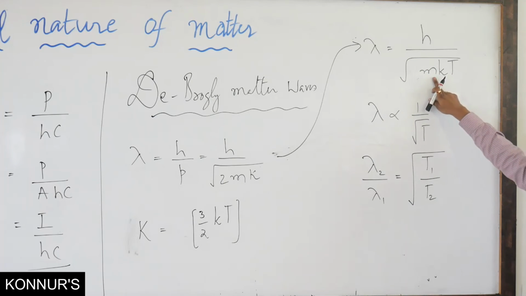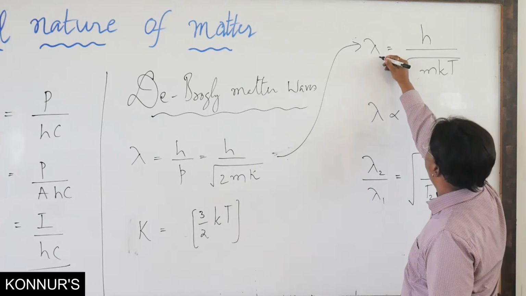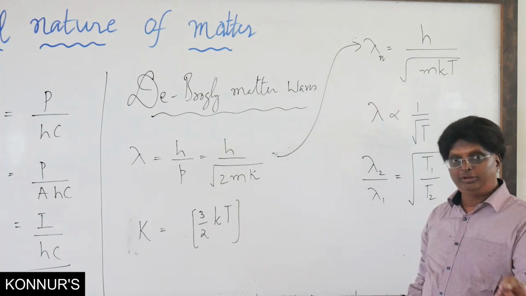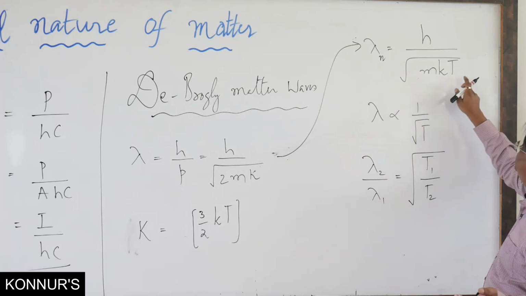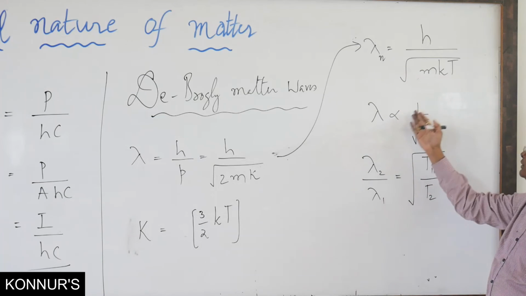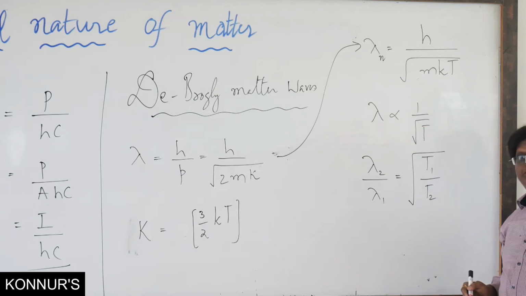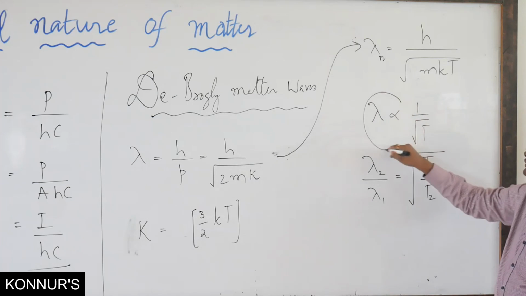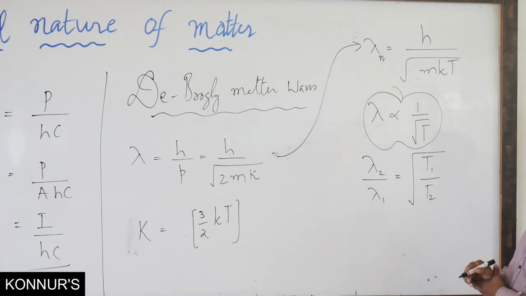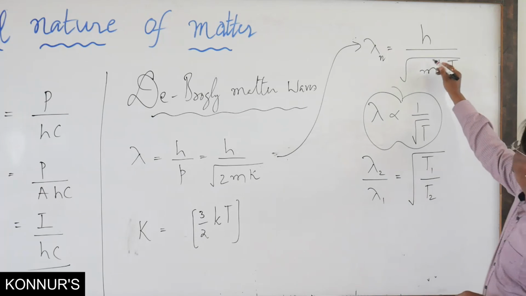Here m is for the neutron. For a thermal neutron the 2 term gets cancelled, so you get mkt, and again the same result, lambda proportional to 1 by root T. Whether it is a thermal neutron or a thermal gas molecule, the expression is the same, lambda proportional to 1 upon root T.